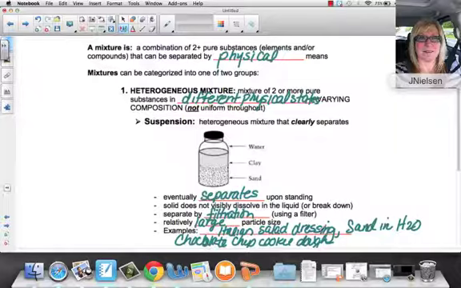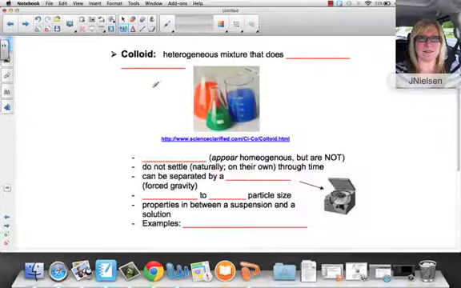So that's heterogeneous. Now let's look at a colloid, which is also a heterogeneous mixture that does not clearly separate. So we've got two types of heterogeneous mixtures. We've got suspensions, which will separate, and we have colloids, which won't separate.